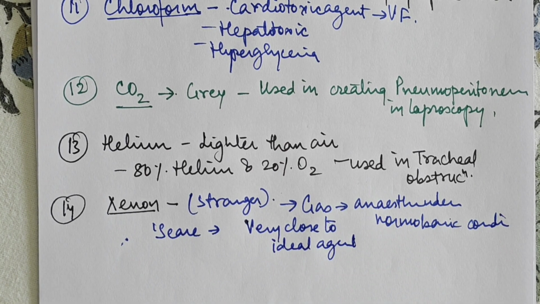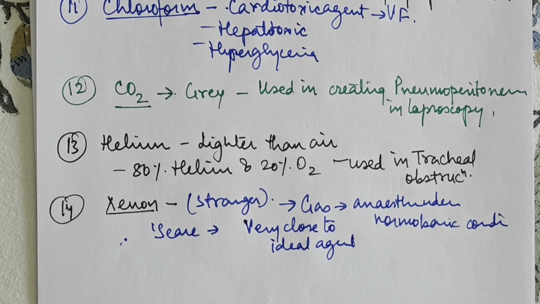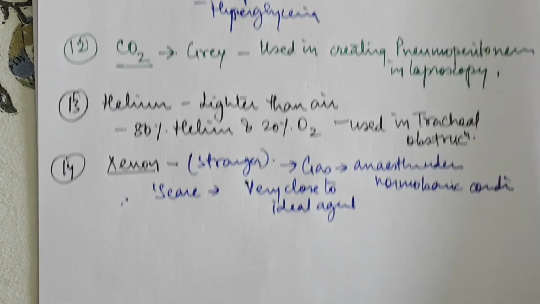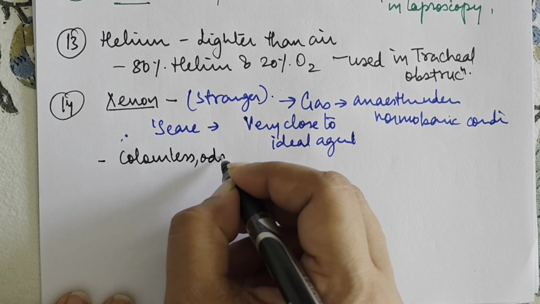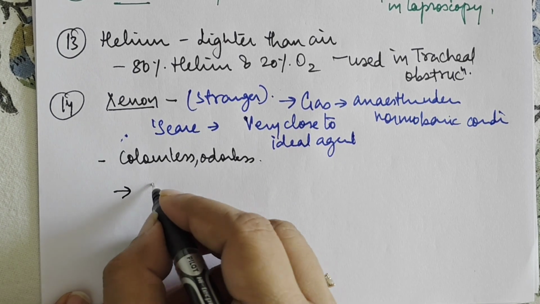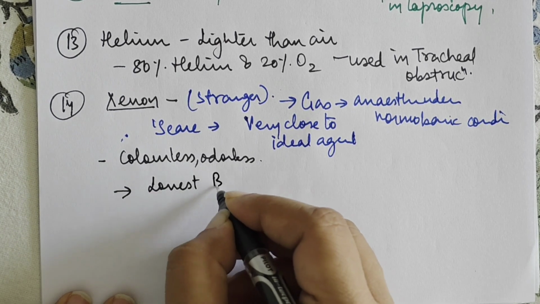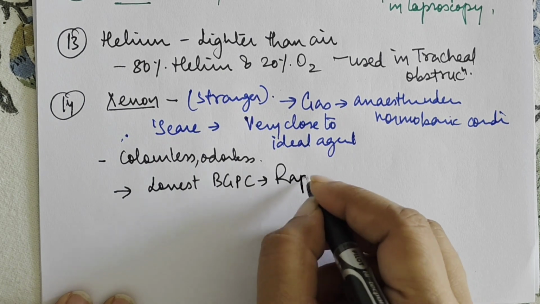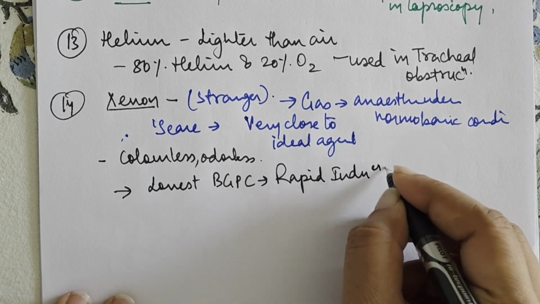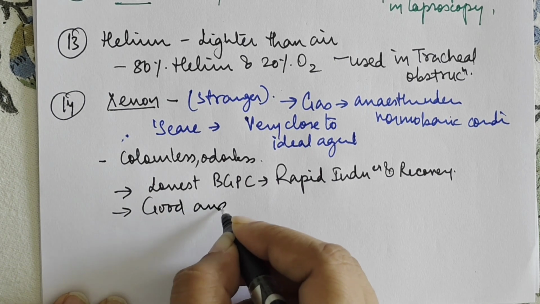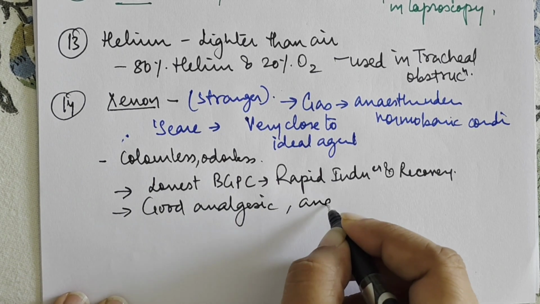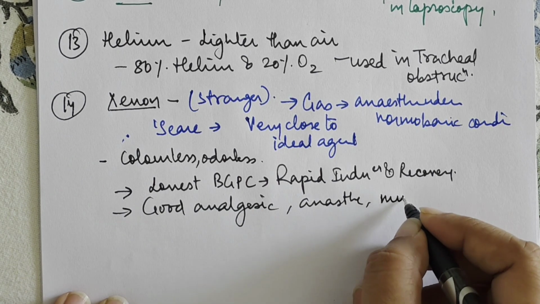So xenon is a gas, though it is not routinely used as an anesthetic agent. It is basically colorless and odorless. Then it has the lowest blood gas partition coefficient, so it has got a rapid induction and recovery. It is a good analgesic, anesthetic and muscle relaxant.